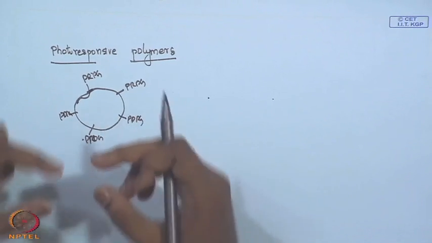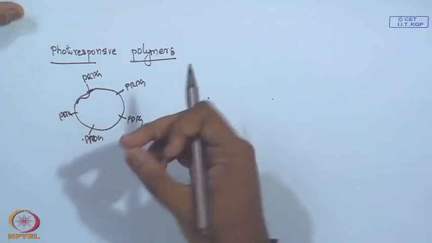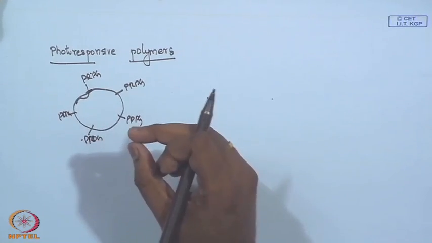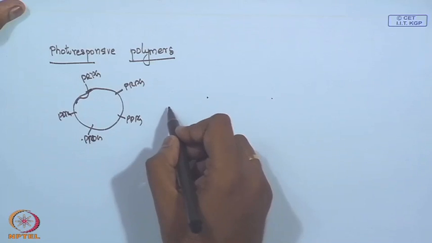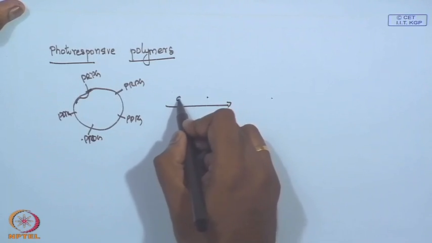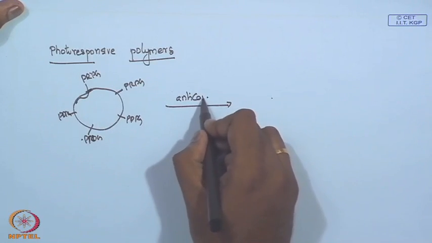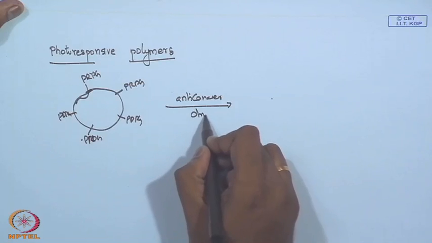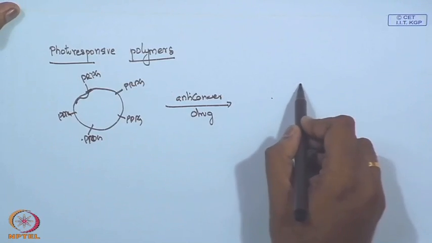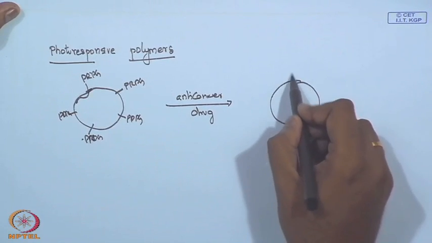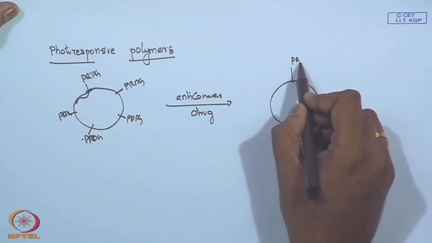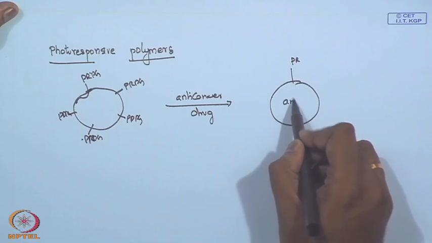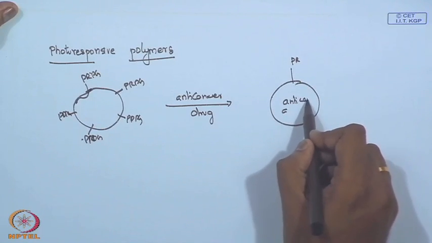This whole polymer you can make smaller. You can make vesicles and micelles, which become very small, and then you can take your anti-cancer drug and load it onto them. But this will be more like a physical encapsulation, where your anti-cancer drug will be inside.